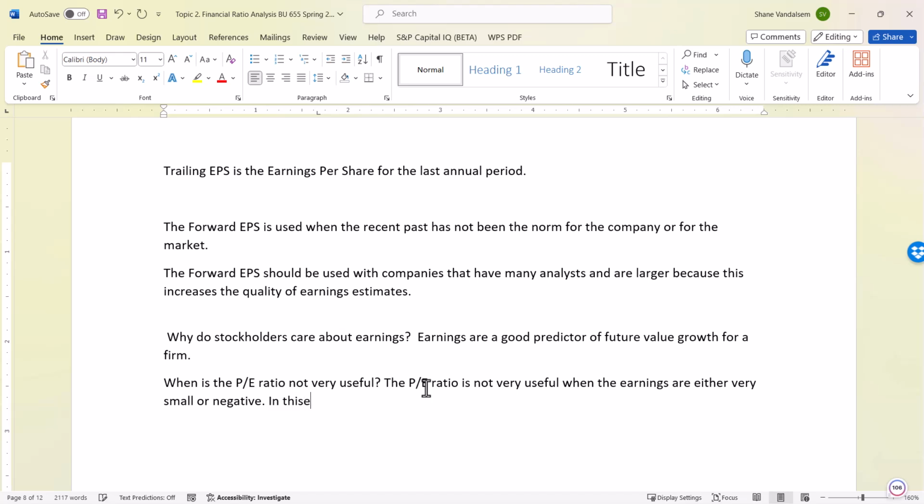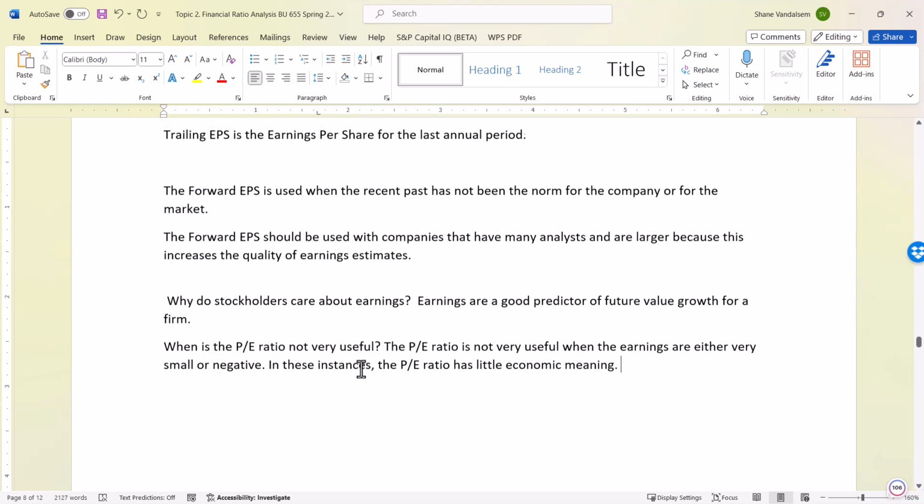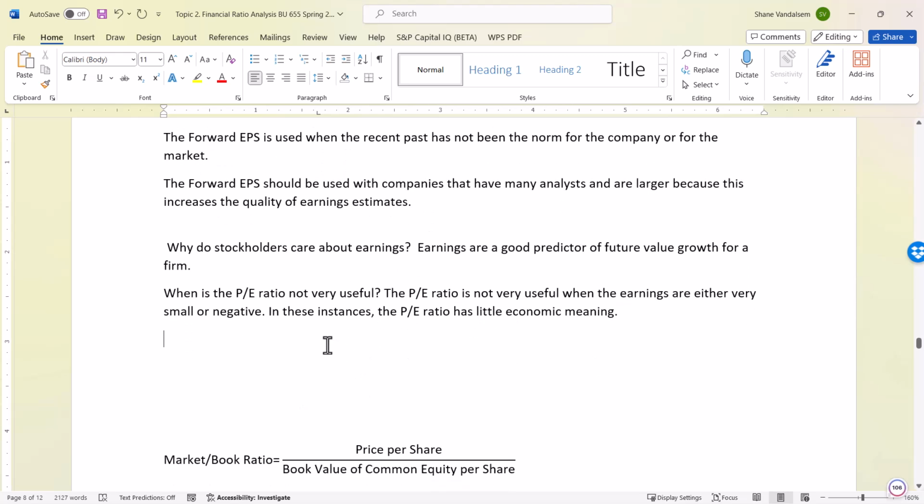In these instances, the PE ratio has little economic meaning. In fact, if the earnings value is negative, Capital IQ, the site I've been showing you, will actually show an error term for the PE ratio rather than report a PE ratio, because it doesn't make a lot of sense when it has a negative number.